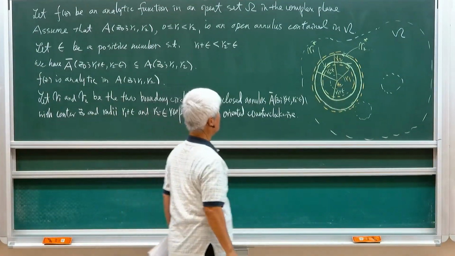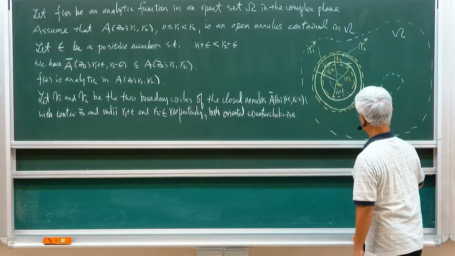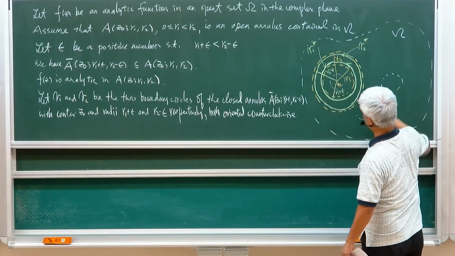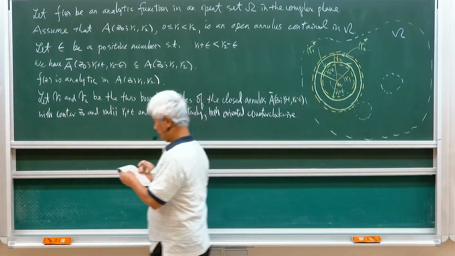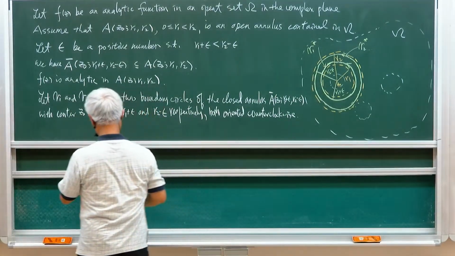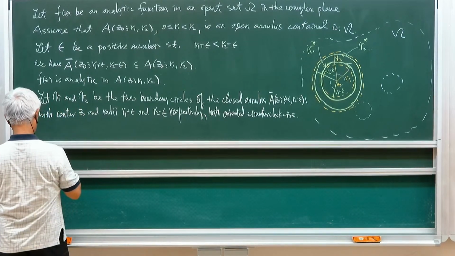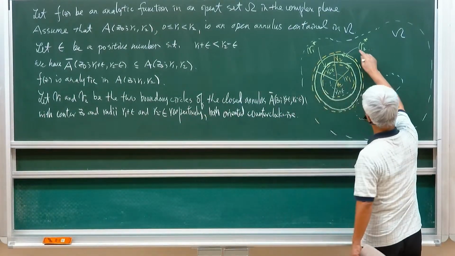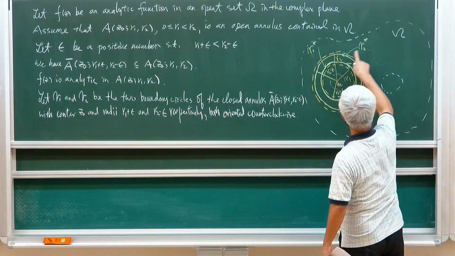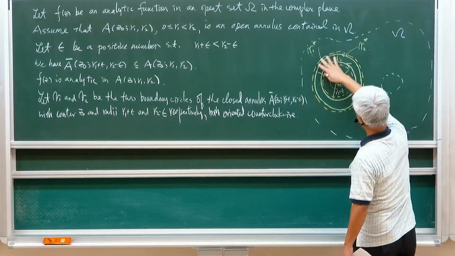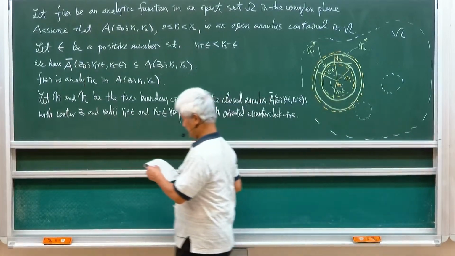All right. So now we focus on the yellow open annulus here, and we see that the two closed paths, gamma 1 and gamma 2, are inside the yellow open annulus.